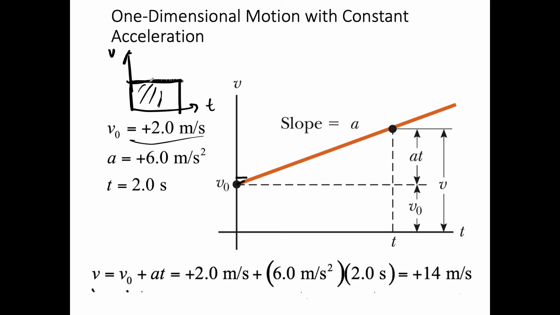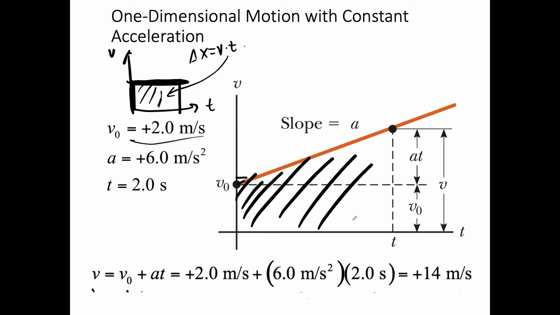The displacement is v times t, which is exactly the area under this curve, see, this is v and this is t. So we can generalize that: the area under the v versus time graph gives us the displacement.